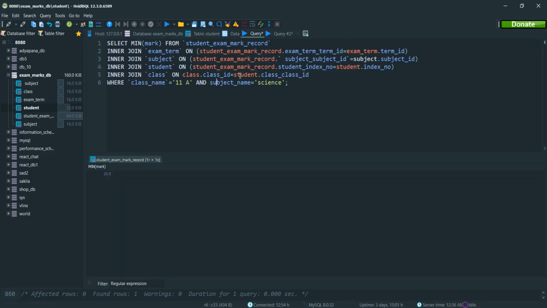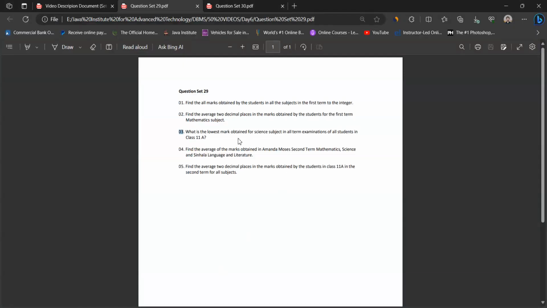Let's execute and see the result. So we have received the minimum mark of 23.5 as the minimum mark for the science subject.